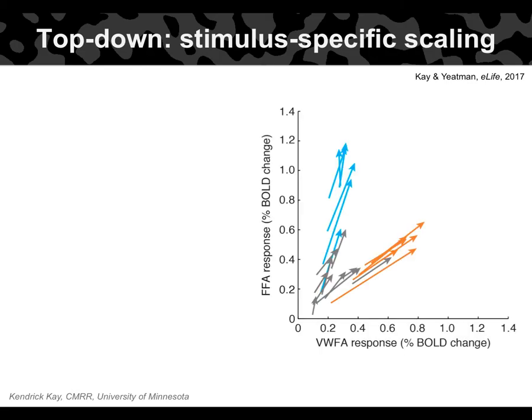So here, the x-axis is the response of the visual word form area, the y-axis is the response of the fusiform face area, and each arrow is just a stimulus. And the color of an arrow corresponds to its general stimulus category. So blue refers to faces, and orange refers to words, and gray is neither of the two. But the most important part of this figure is the tail and head of each arrow.